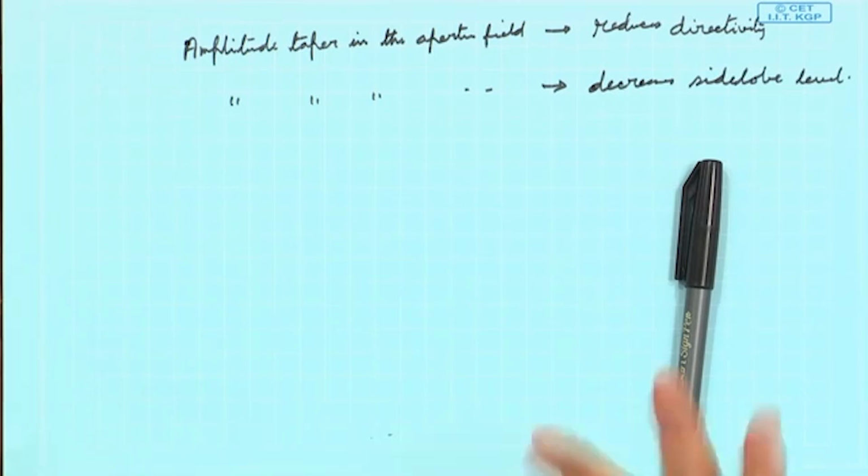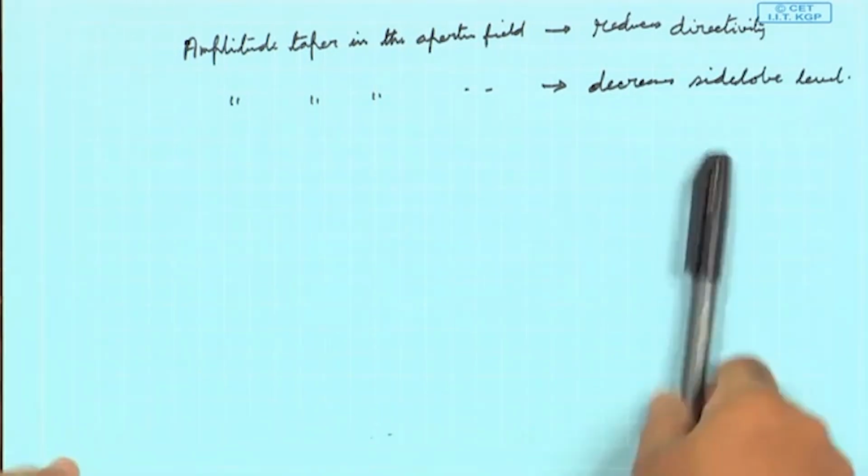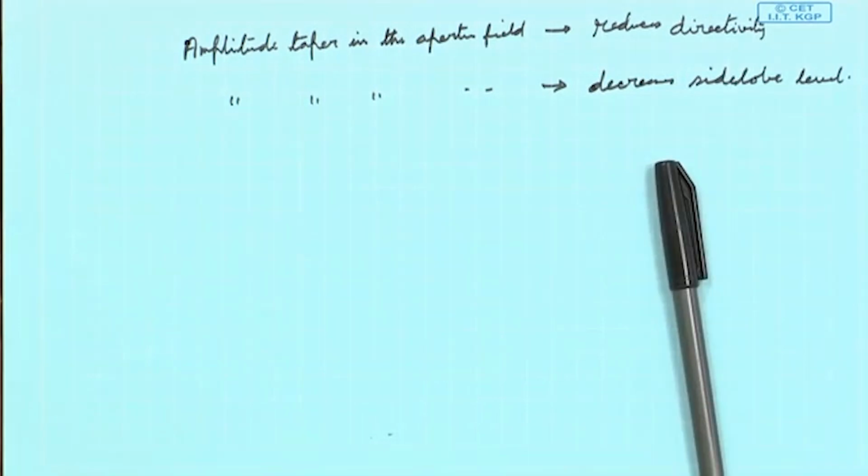Now, in a communication problem, generally this side lobe level reduction is more important. That means, if you have an interferer nearby, then you want to put a null at that place. That is more important, because particularly in communication, the directivity or SNR is sufficient. So, directivity is not a concern, you can suffer a low gain also.